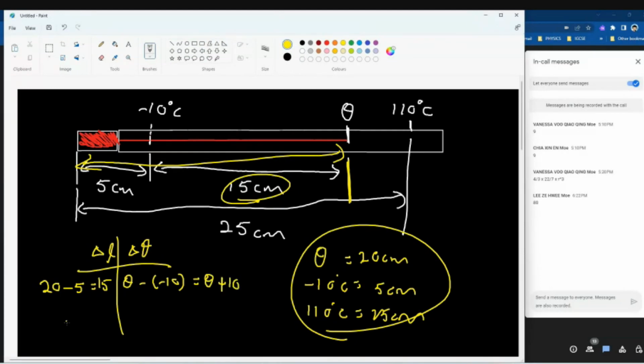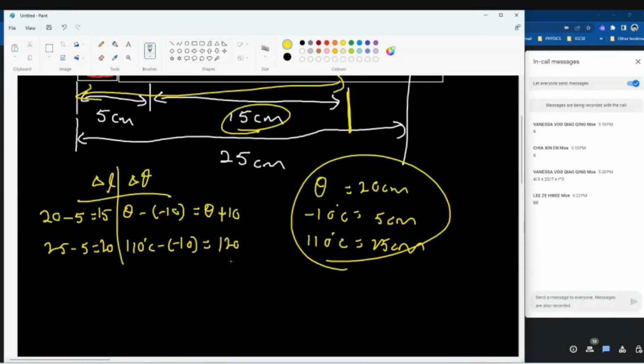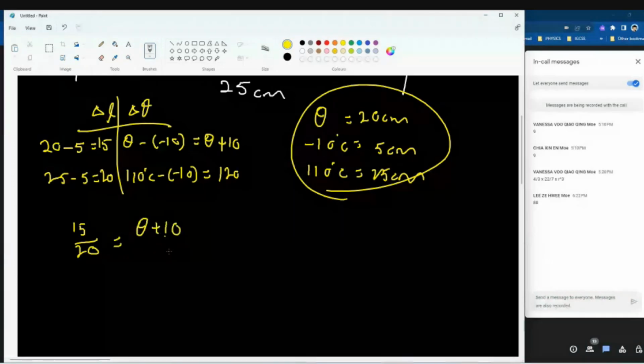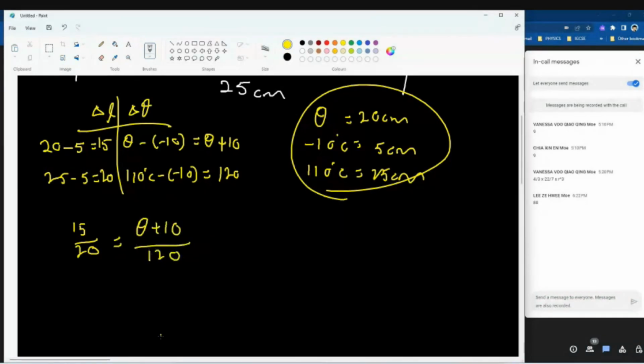The next one, you can use 25 minus 5. Then you get 20. So 25 minus 5 is 110 degrees Celsius minus negative 10, which is equal to 120. Based on this, you get 15 over 20 equal to theta plus 10 over 120.